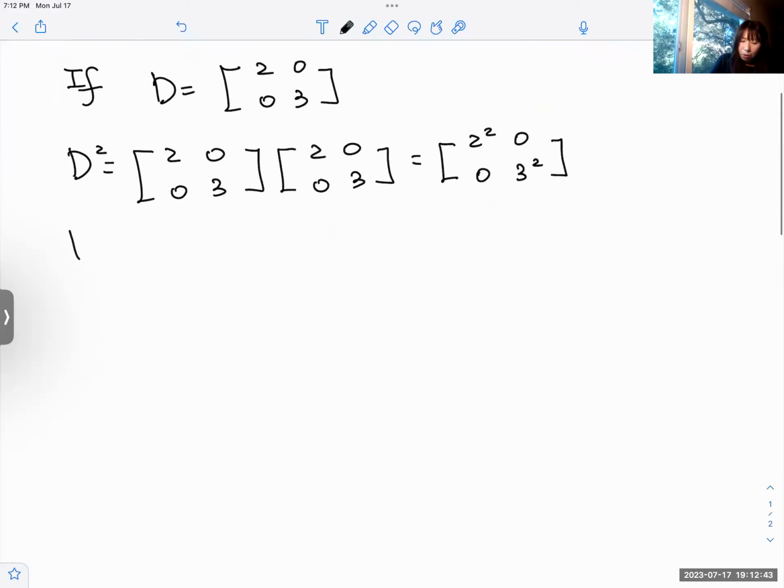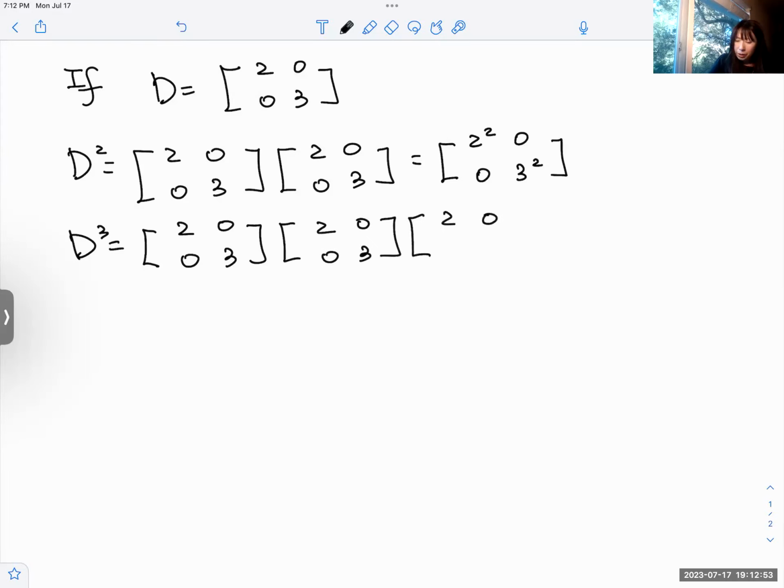Now we want a cube, so 2, 0, 0, 3 three times, and there will be 2 cubed, 0, 0, 3 cubed, right?